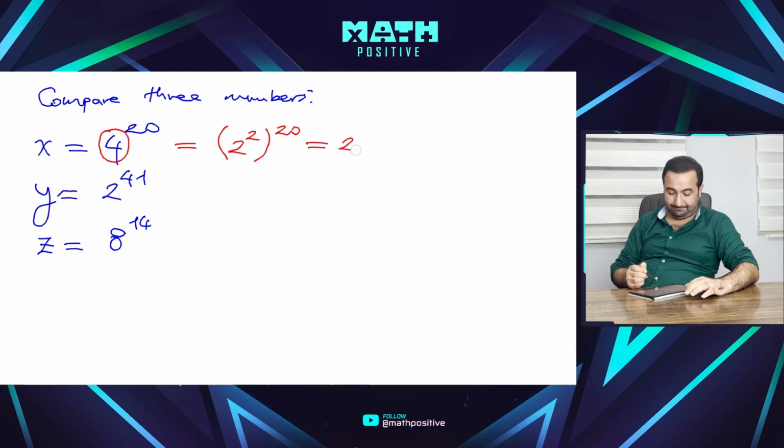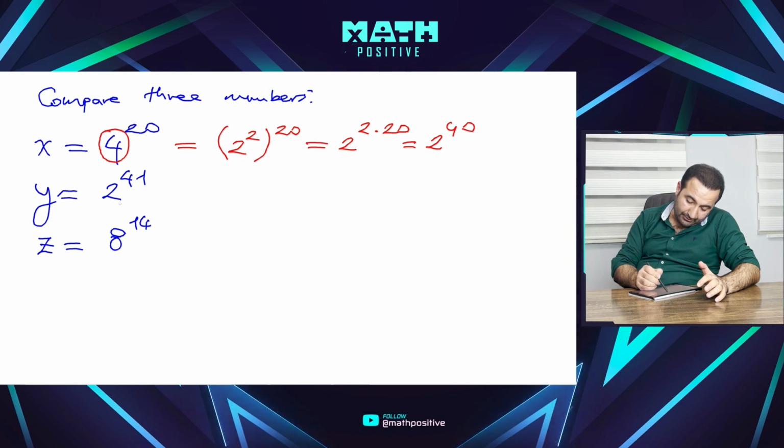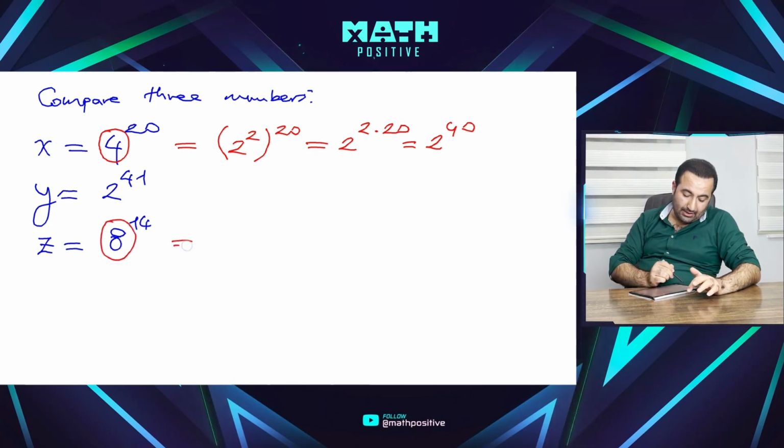Writing this way, we have a power of a power question. 4 is equal to 2 to the power 2, and applying our rule, 2 to the power 2 times 20, which is 2 to the power 40. Okay, y is already 2 to the power 41, so we pass to z.